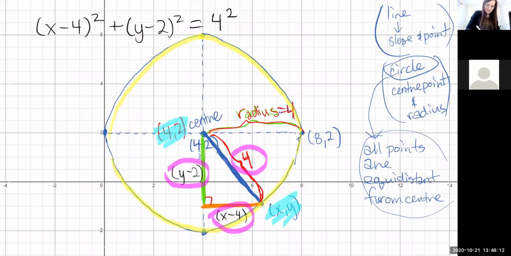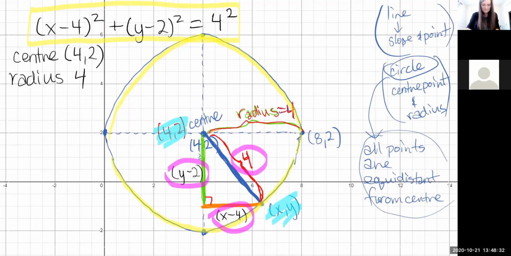Okay, so that's our circle equation. So let's try that in Desmos, see if we can graph this circle that has center 4, 2. Notice where it's coming from in the equation, and radius 4.